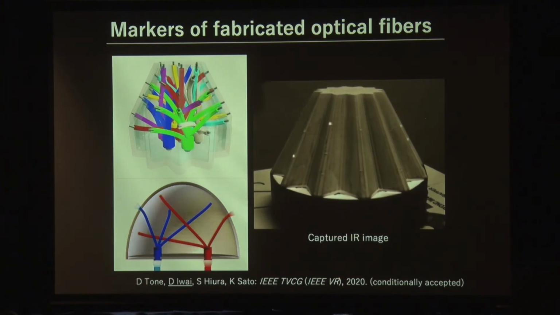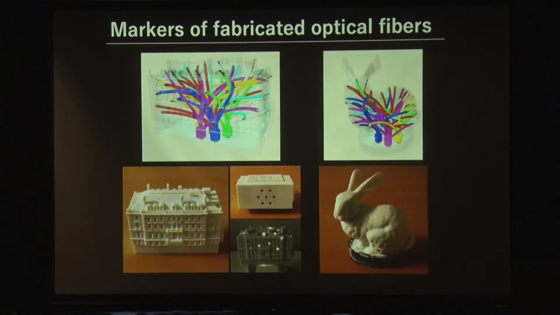We optimize the routes of the fibers so that the multiple markers emit the same blinking pattern. Here are fiber routing results and fabrications of other objects. Our objects have seven holes on the bottom where the infrared LEDs are attached.